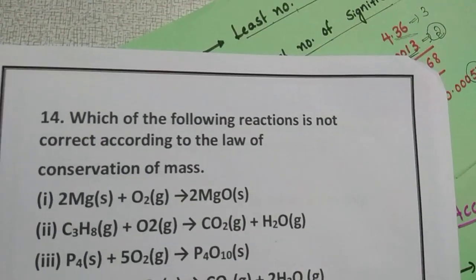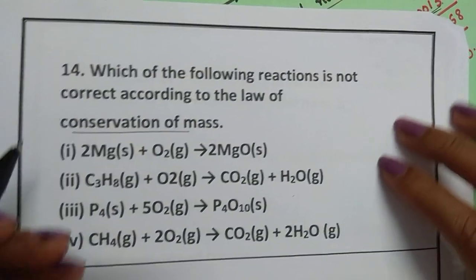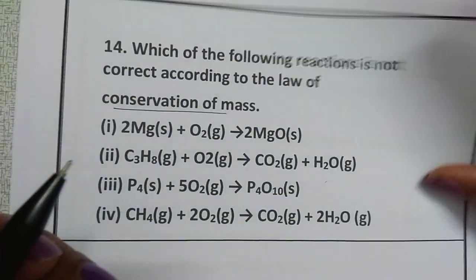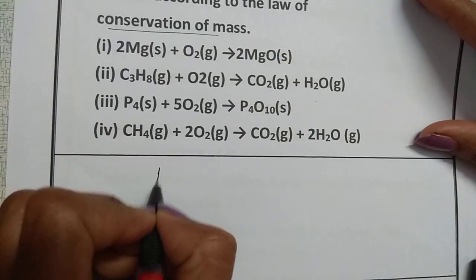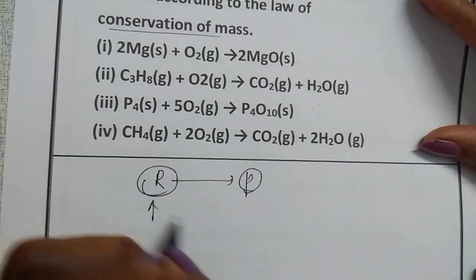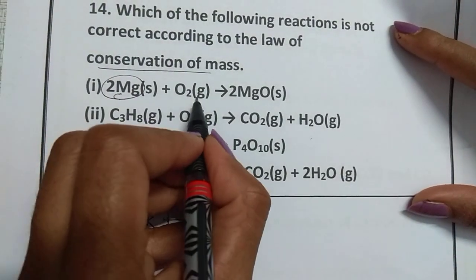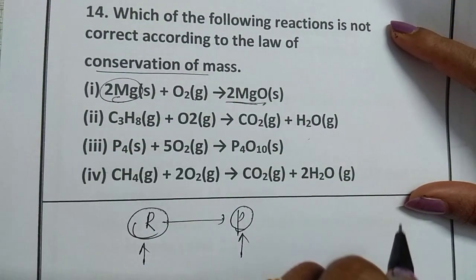Which of the following reactions is not correct according to the law of conservation of mass? The law of conservation of mass says that always the mass of reactants is equal to the mass of products. Here 2 magnesium reacts with 1 oxygen and it forms 2 magnesium oxide.